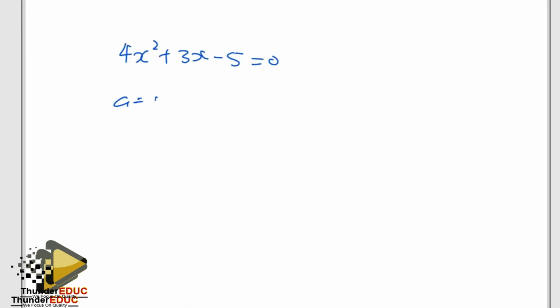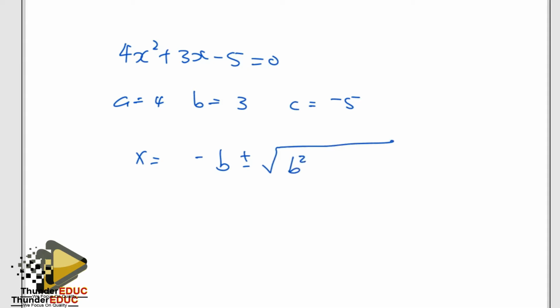So our a is a 4, our b is a 3, and then our c is a negative 5. So we know that from the quadratic formula it's negative b plus minus the square root of b squared minus 4ac. Everything is divided by 2a.